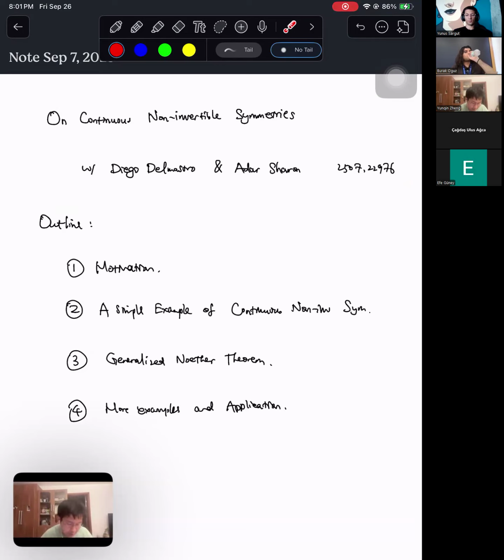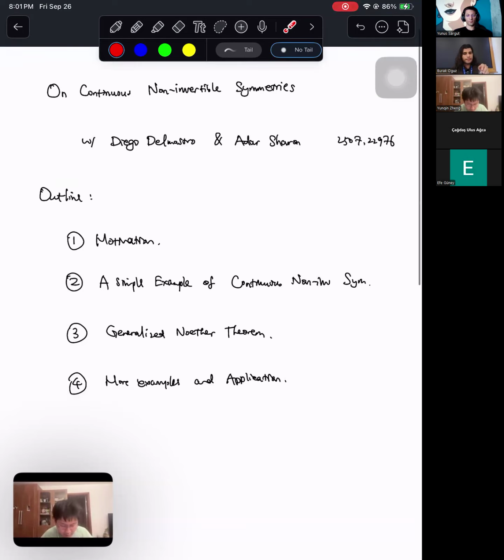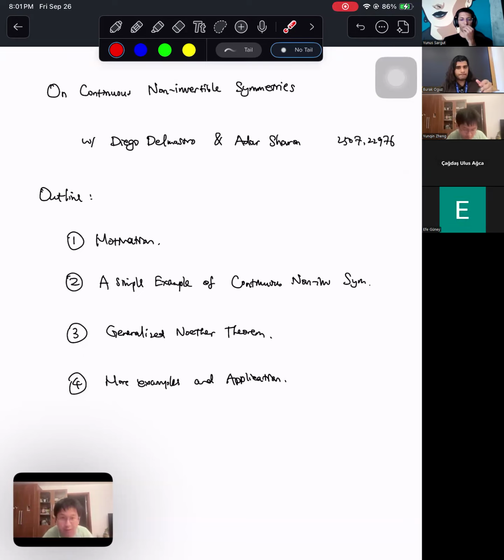So the outline of this talk is as follows. First, I'm going to give you a brief motivation for why we are interested in this problem. And then I'm going to give you a simple example of continuous non-invertible symmetries, which people have already known for quite a few years.